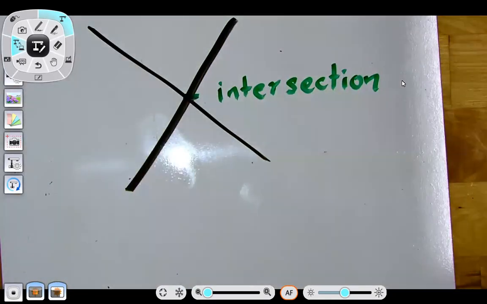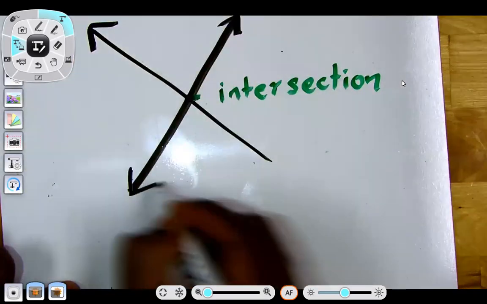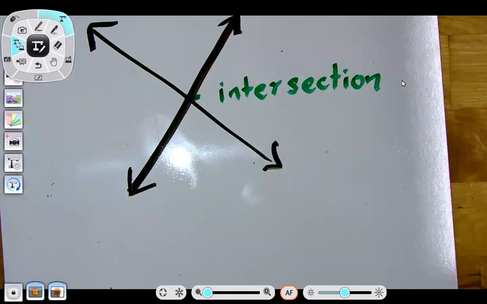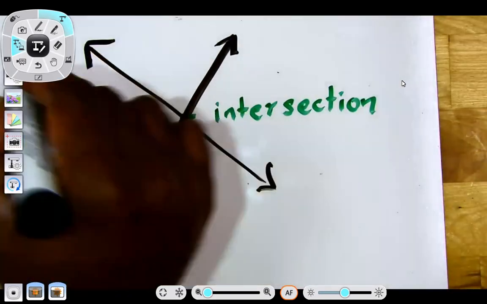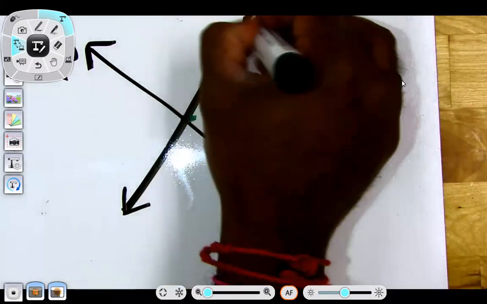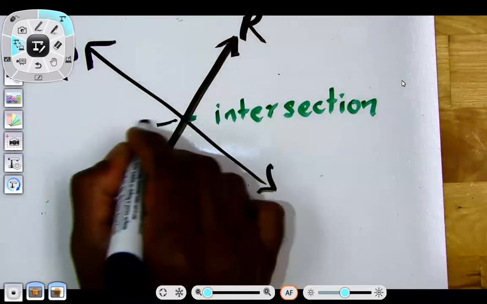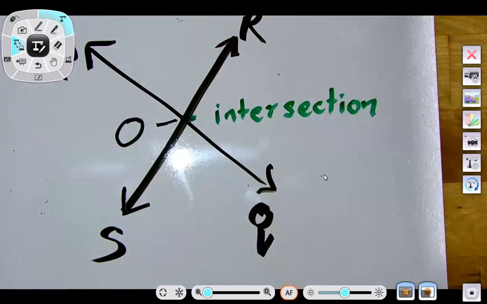I said line, but I made a mistake. Nobody noticed. If I said line, it has to have an arrow on each end. Let's say you have PQ and RS, and this point I can just call O. What is the intersection? O is the intersection. Any questions, guys, on that? Please let me know if you have any questions, then we can go over it.